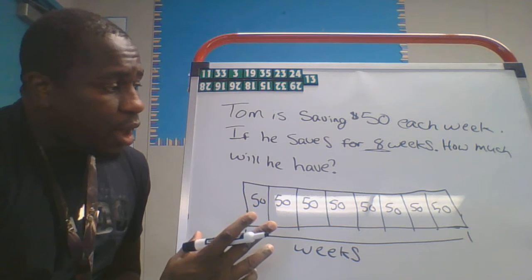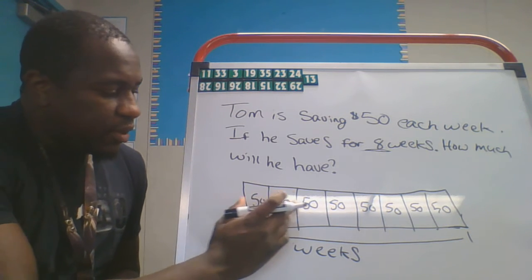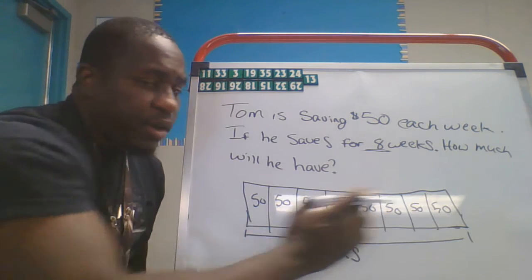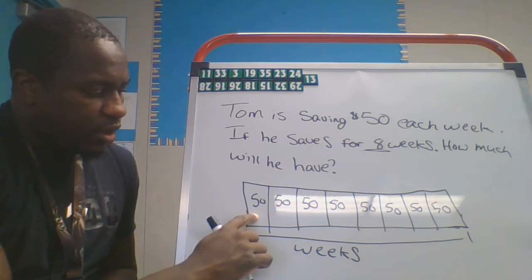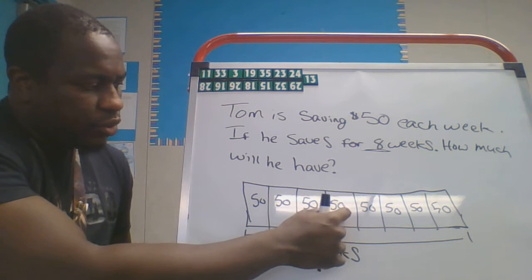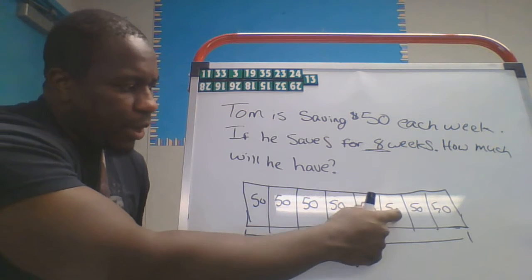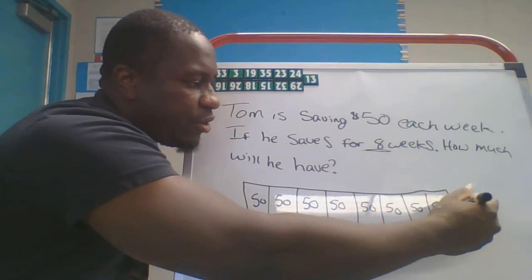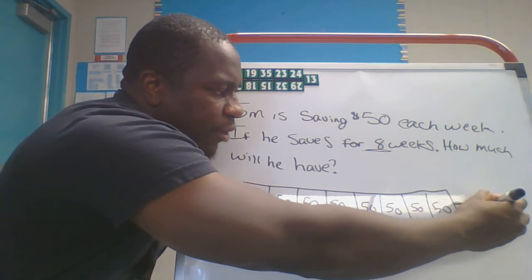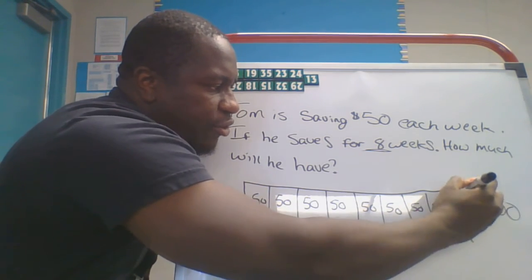Now, all you have to do is add up the numbers here. 50, 100, 150, 200, 250, 300, 350, 400. So we know that after 8 weeks, he's going to have $400.